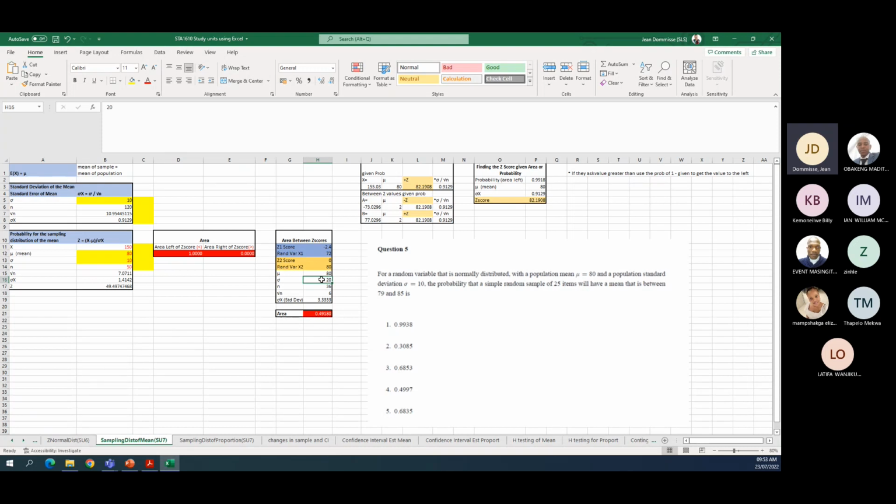I must actually link all of these together, so that one can automatically get the view through all of them. The mean was 80. Okay, so at least those are the same. Then a sample of 25.